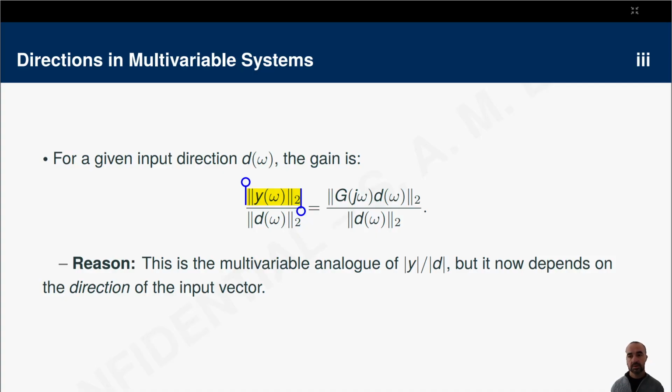It's the multivariable analog of y over d, except y(ω) and d(ω) in this case are vectors, and therefore you have to use a norm to measure their size.